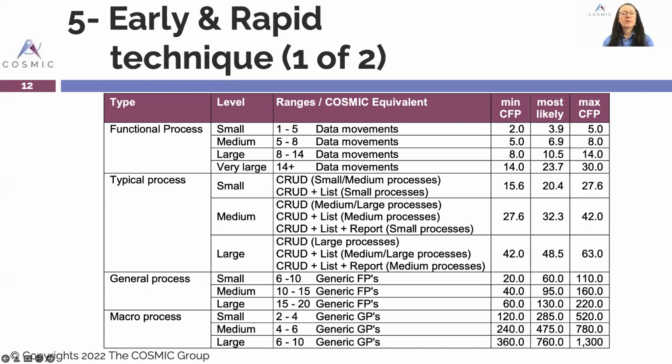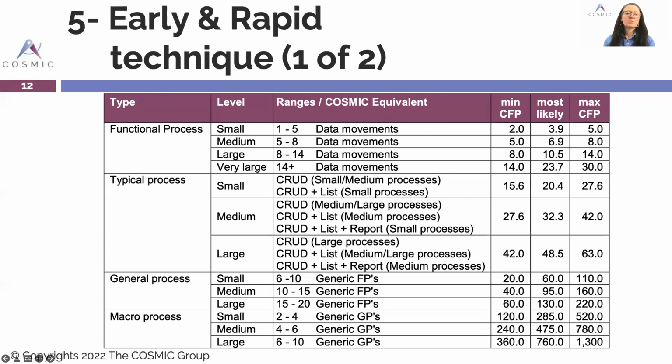We have here minimum and maximum of functional processes, small, medium, large, very large, that is similar to the fixed size classification. In that case, the most likely represents the average size of the functional processes that were categorized in each category, small, medium, large, and very large.